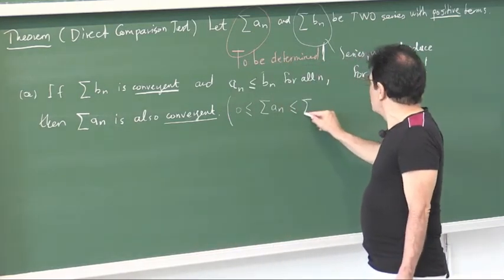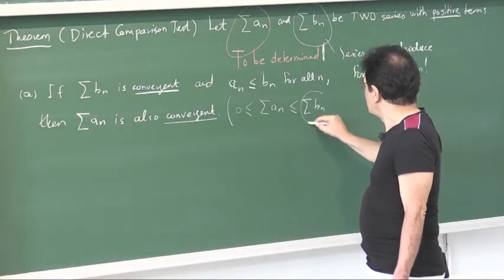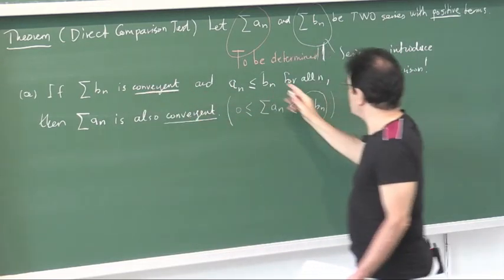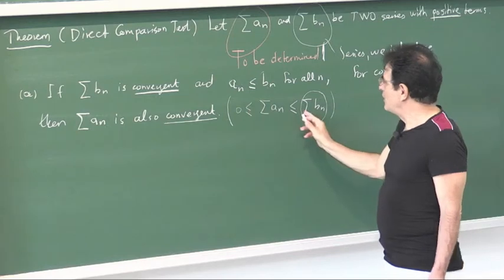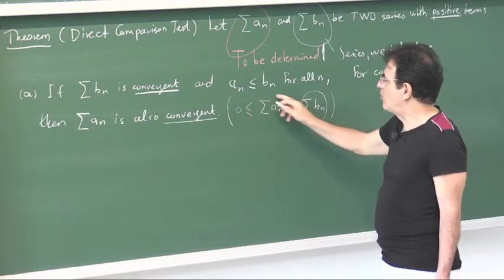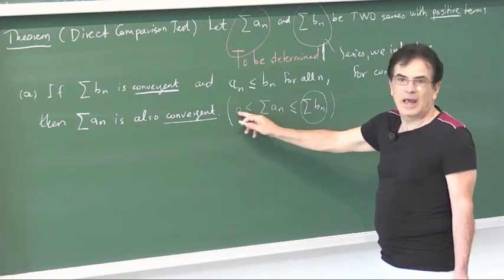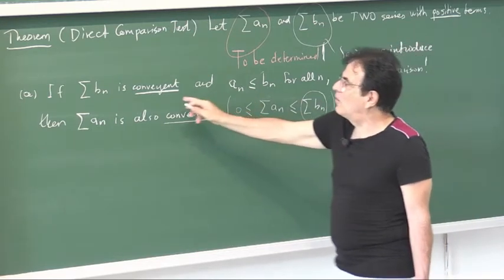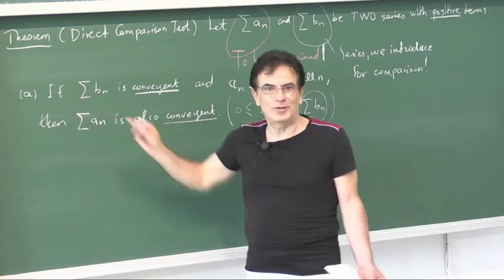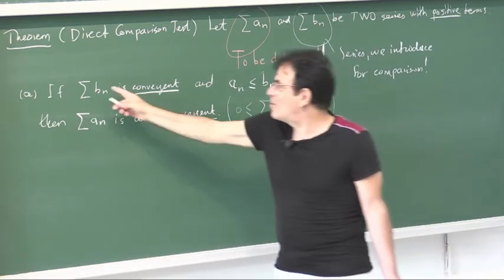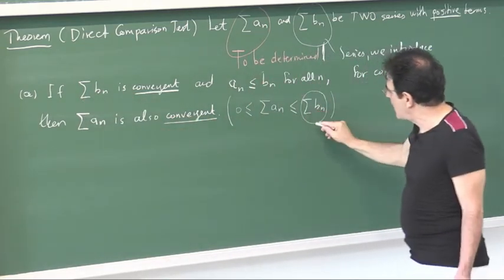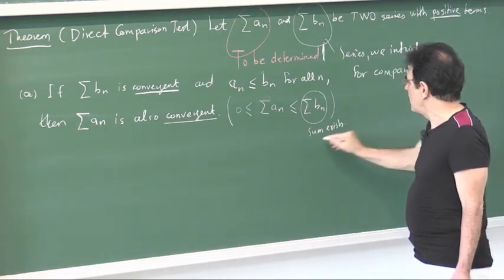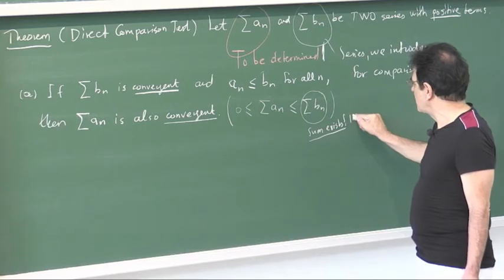And sigma bn is convergent by assumption. So we know that the sum of the first series must be a positive number smaller than the sum of the second series we introduced for comparison. And the sum of the second series exists. This is the hypothesis.